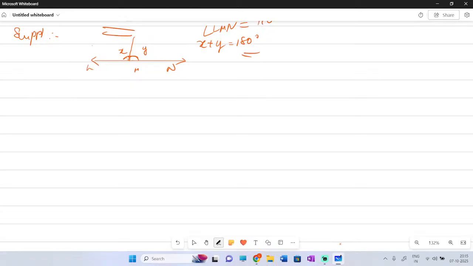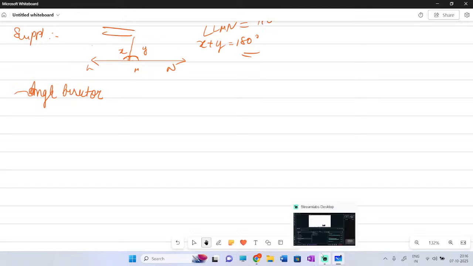Angle bisector. Cutting an angle is always an angle bisector.